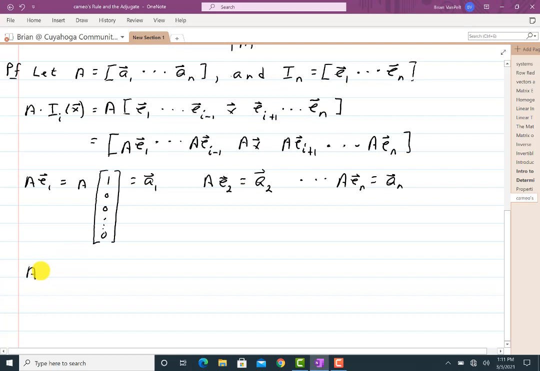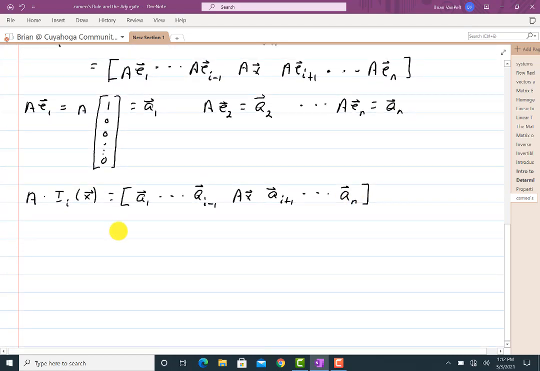So let me continue my equation. I have A times I sub i of x. So we see that that is the a1 vector until I get to the a_{i-1} vector. And then I have Ax, and then I have a_{i+1} until I get to a_n.